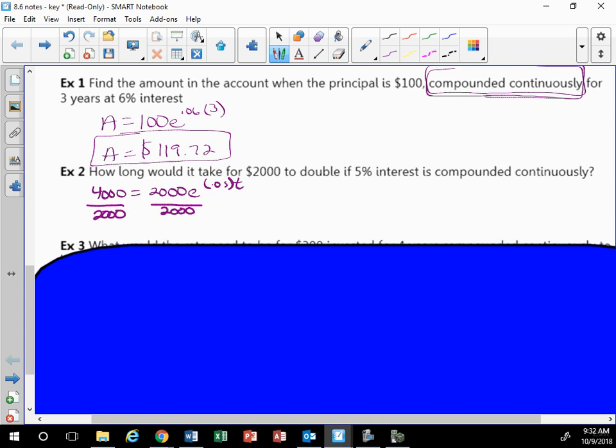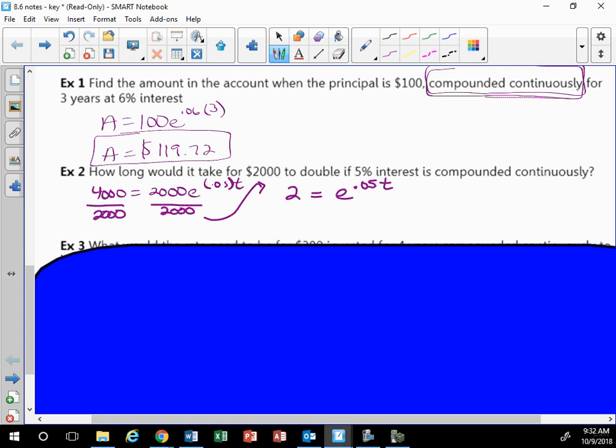Have to isolate it. From this step, guys, there are 2 ways you can think about it. You can just rewrite it as a natural log equation, or you can actually take the natural log of both sides. You definitely want to use natural log and not log this time.